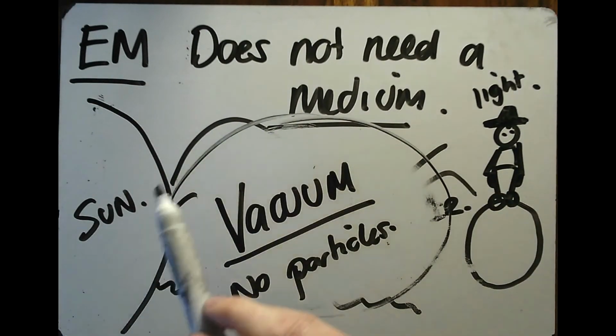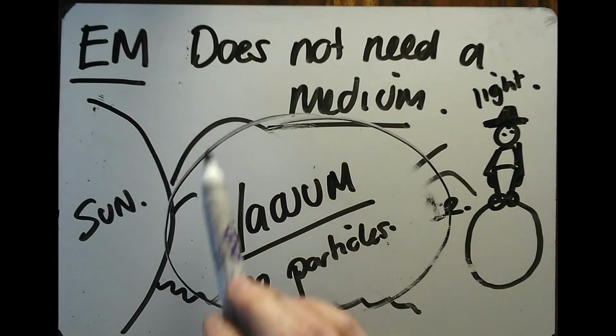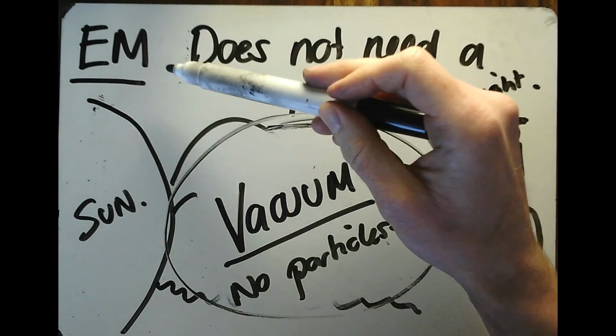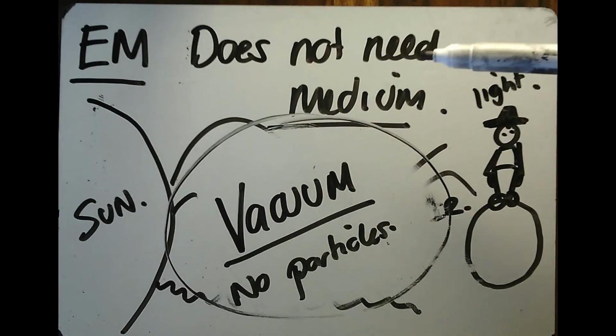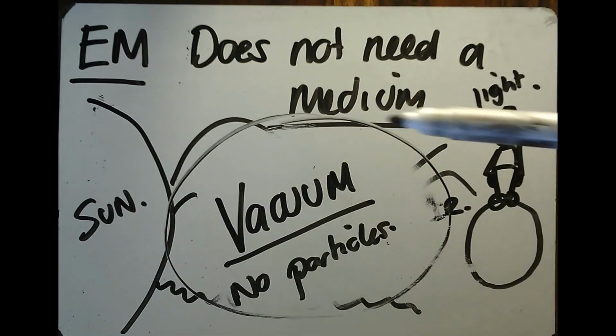So the sun isn't knocking one particle into the next particle into the next particle like with a mechanical wave. There's nothing happening at all in terms of movement of particles and movement of matter. EM waves are just able to travel through a vacuum, and that's the key difference. So mechanical waves have to travel through a medium, a solid, liquid or a gas, whereas an electromagnetic wave does not need to travel through a medium.